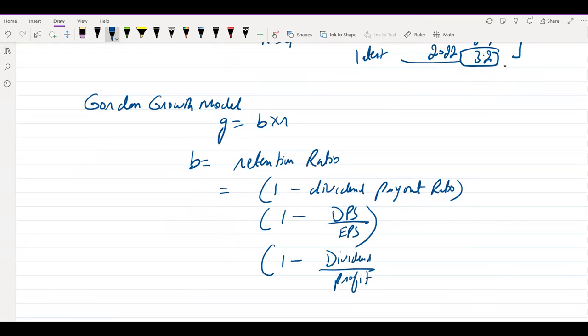So retention ratio is, if you have paid the dividend, how much you have saved, how much you have retained. Remember, profit means profit available to ordinary shareholders.